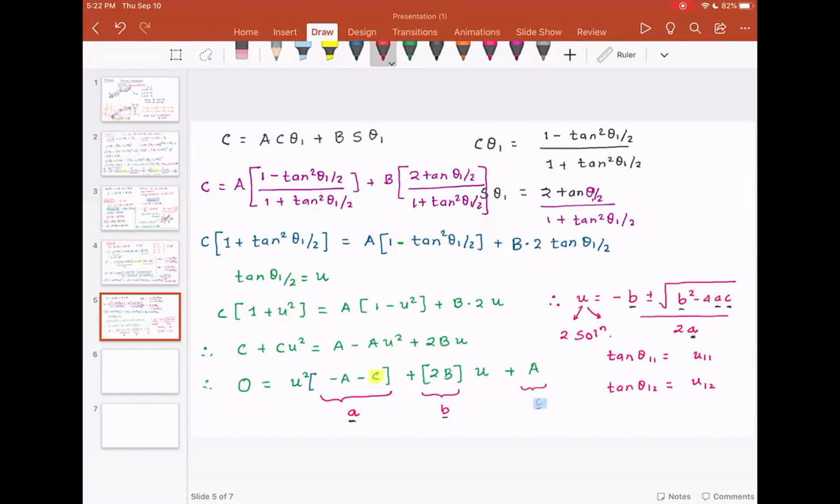This is A minus C. Okay, are we good? Yeah, okay. So this C is here, and this C goes here.